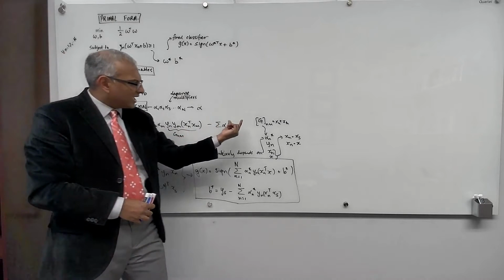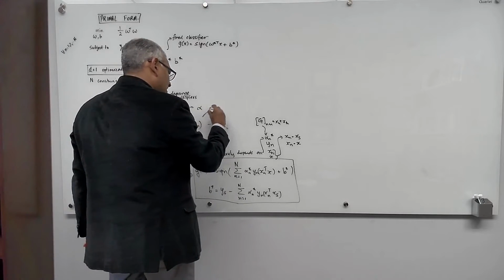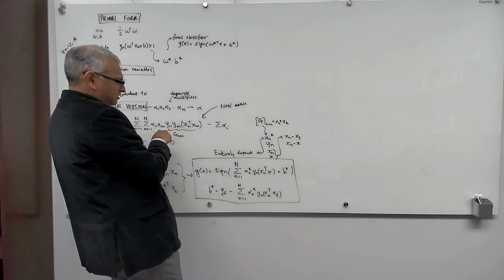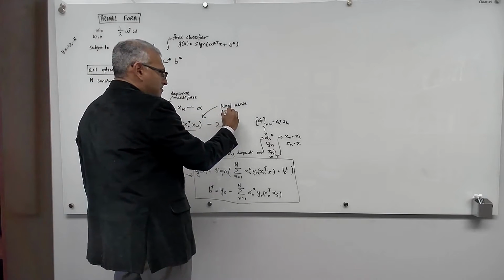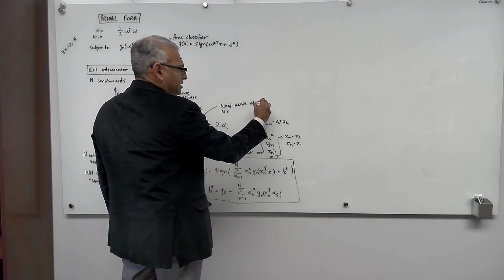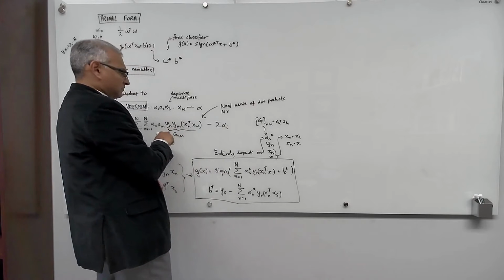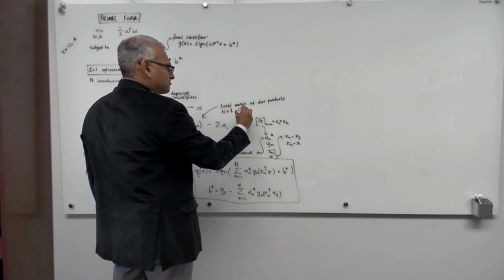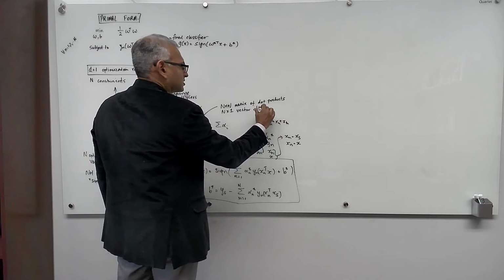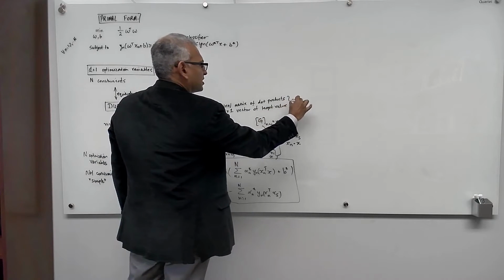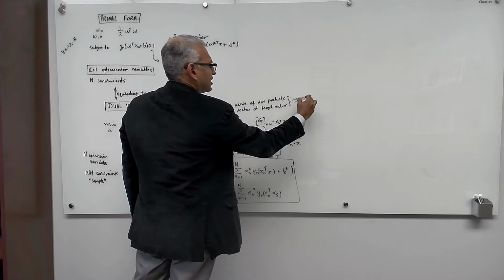So this is an n by n matrix. The target vector is an n by 1 vector of target values. And these together allow me to get alpha n star.